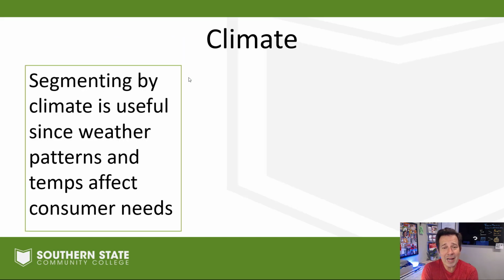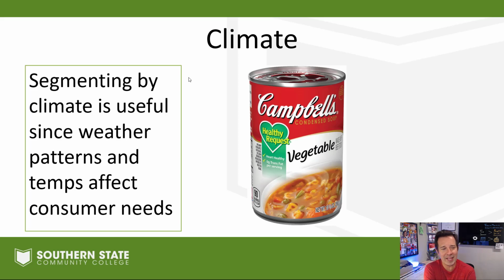We can segment by climate as well when we talk about geographic segmenting. And when we segment by climate, we're talking about segmenting according to weather patterns or temperatures, because our needs change as the temperatures change and as the seasons change. And Campbell's is a classic example of that.